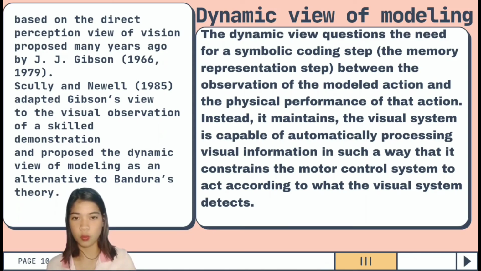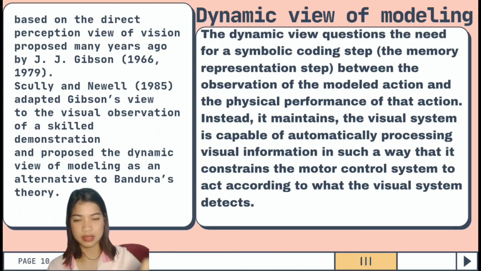So the dynamic view questions the need for the symbolic coding step, the memory representation step, between the observation of the modeled action and the physical performance of that action. Instead, it maintains that the visual system is capable of automatically processing visual information in such a way that it constrains the motor control system to act according to what the visual system depicts.